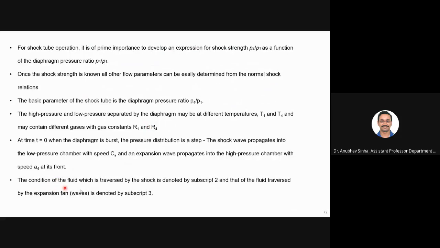This is about how we denote the regions. The fluid which is traversed by the shock is denoted by subscript 2, and the region where the expansion wave has passed is denoted by 3.